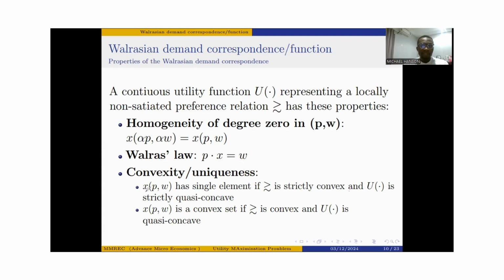So you can see that this set will exhibit a single element, single value, if the utility is strictly quasi-concave. That is, there's only one alternative. Or the budget line is strictly convex. It means that it can afford only one possible set. On the other side, when the budget line is described as convex, it means that it can afford different combinations, just like the multi-value.